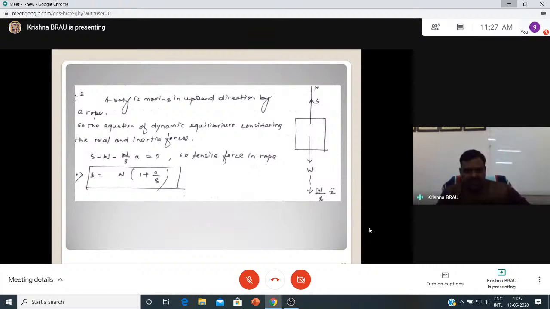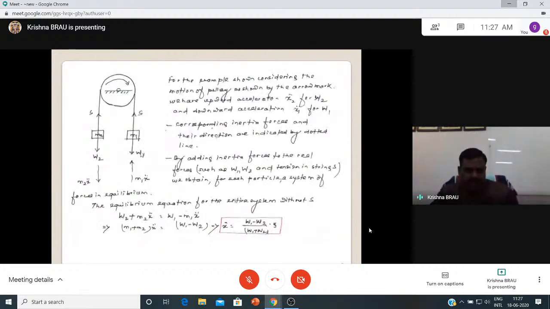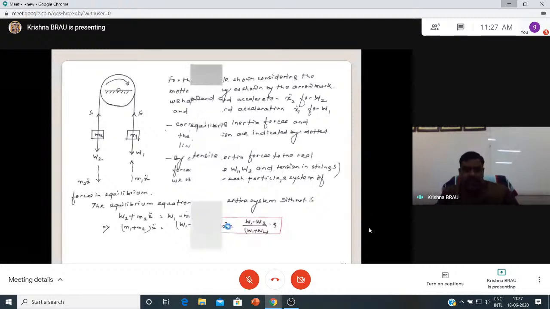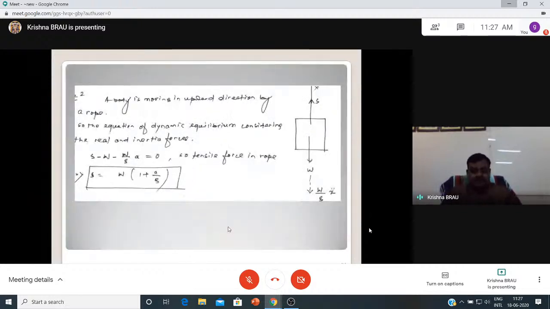This is positive and this is negative. Because W1 is moving upwards and W2 is downwards after applying the inertial force, not before the inertial force. So this is the expression we can use to find out the tension in the string. The tension and any unknowns, like the acceleration, can be determined like this.